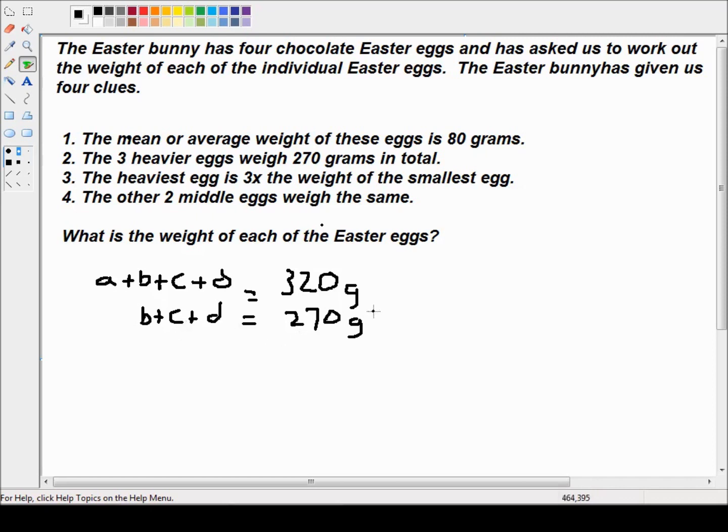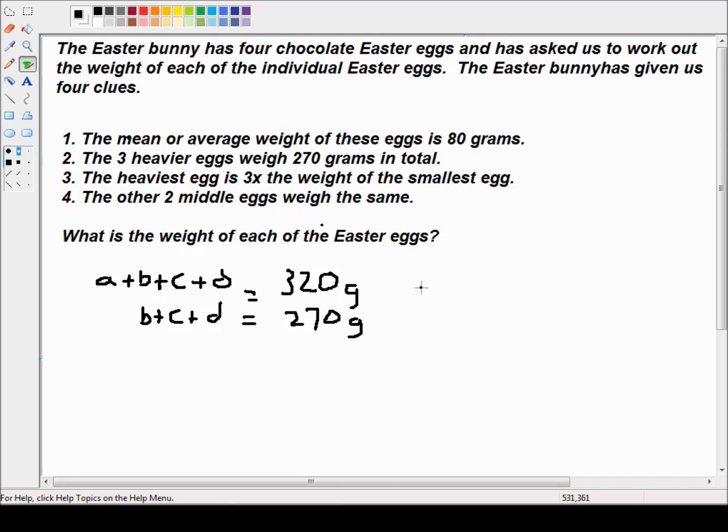Now, if I subtract these 2 equations, the B's disappear, the C's disappear, the D's disappear, and I'm left with 320 minus 270. And that will give me the value for A. It's just logical that if B plus C plus D is 270 grams, and A plus B plus C plus D is 320 grams, then A must be the difference between 320 grams and 270 grams.